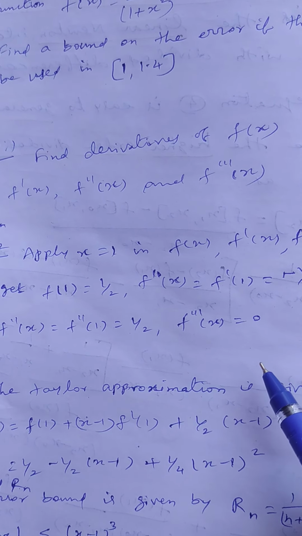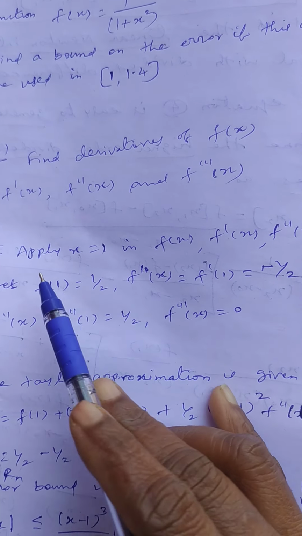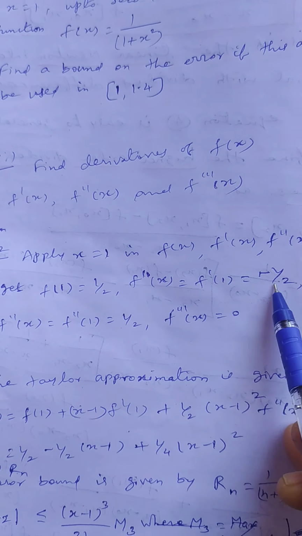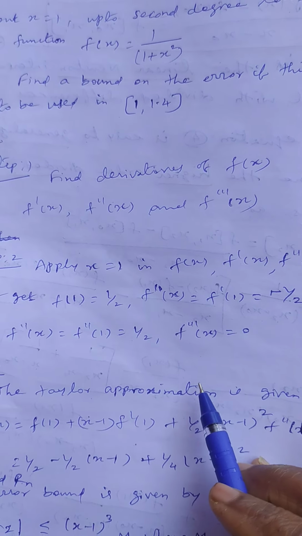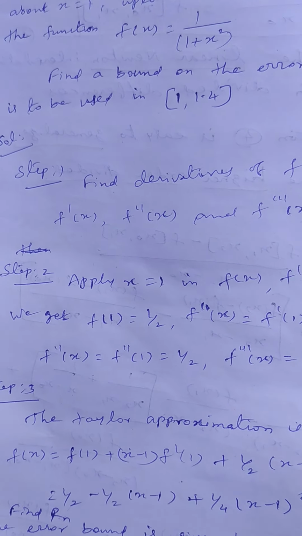So f of 1 equal to 1 by 2, f dash of 1 equal to minus 1 by 2, f double dash of 1 is 1 by 2. Then f triple dash of x we can also find, apply the value 1 in the x position, and we get f triple dash of 1 equal to 0.